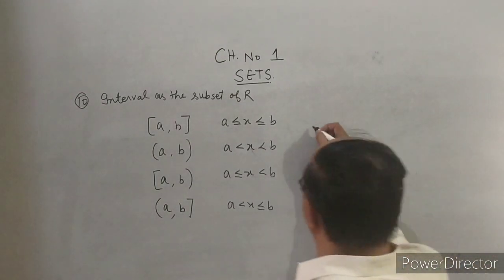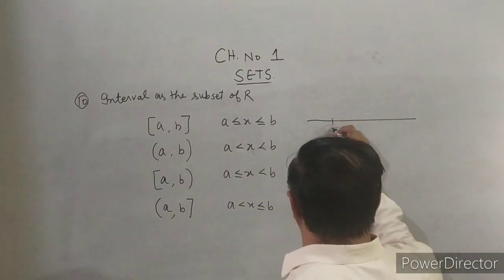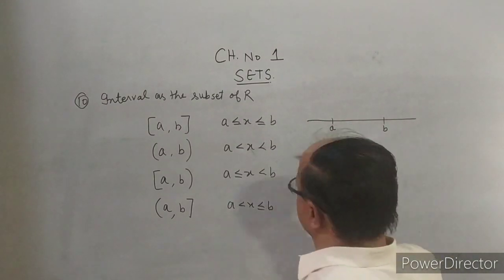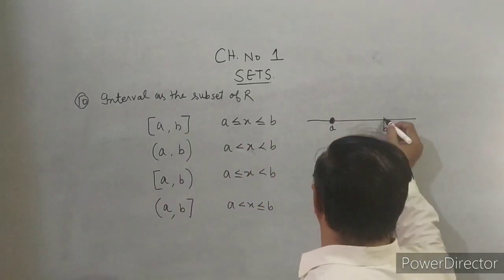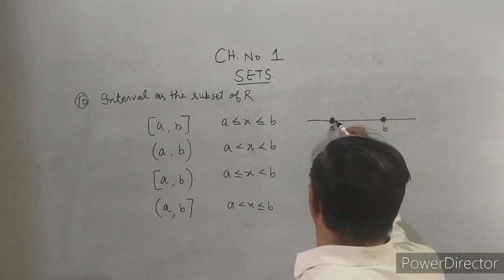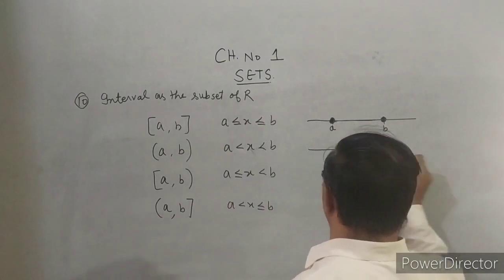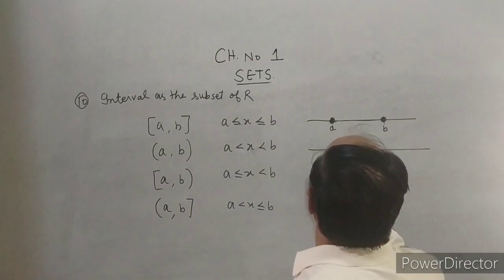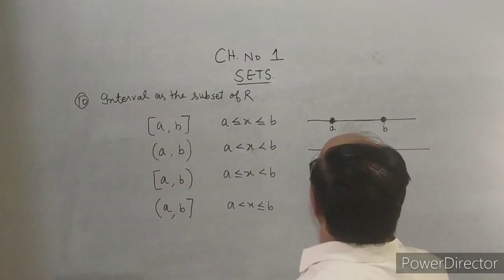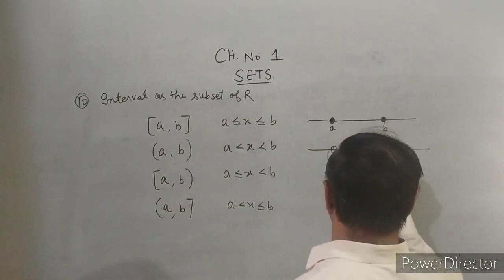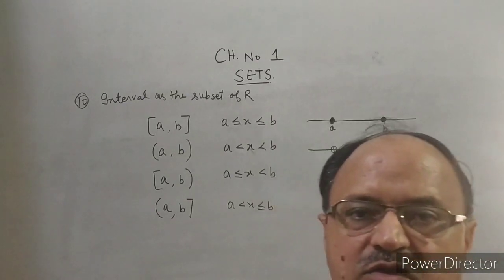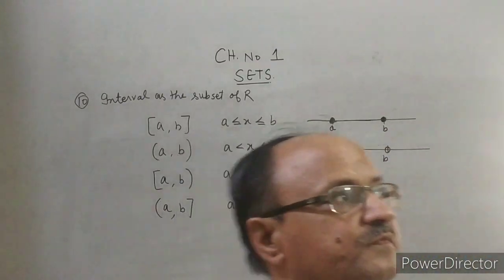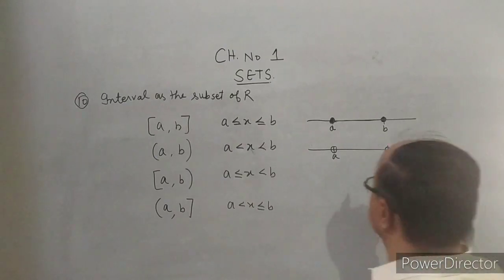So, you can represent on the number line, here A, here B. If it is a closed bracket, then darken the circle. If there is an open bracket, then, this is A and this is B, it means A and B are not included.